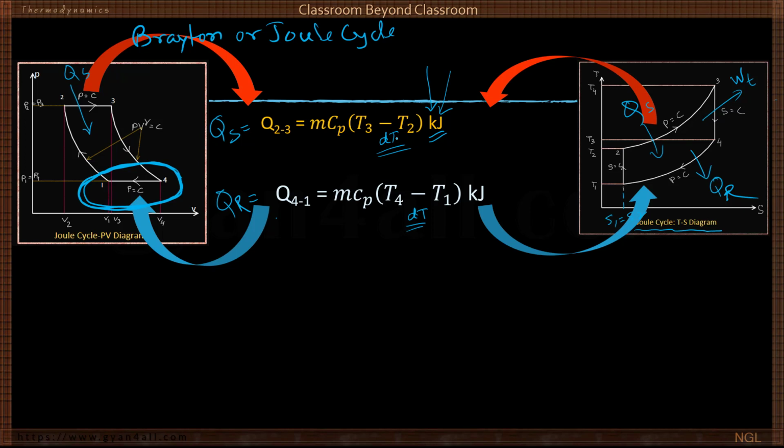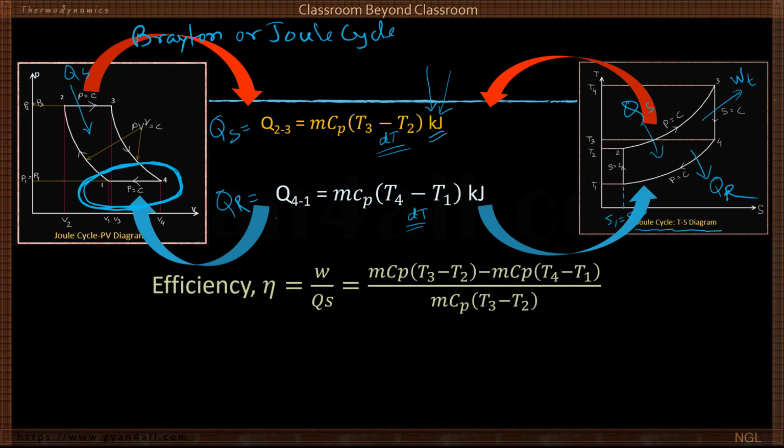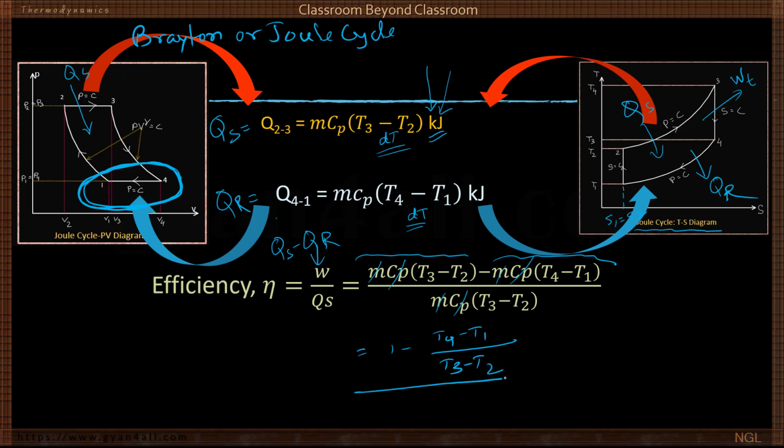Okay. So if we know heat supplied and heat rejection, we can find W net. What is W net? W net is QS minus QR, and QS is this one and QR is this much. So we can easily cancel all these terms. So what will remain? 1 minus (T4 minus T1) divided by (T3 minus T2) in terms of temperature.